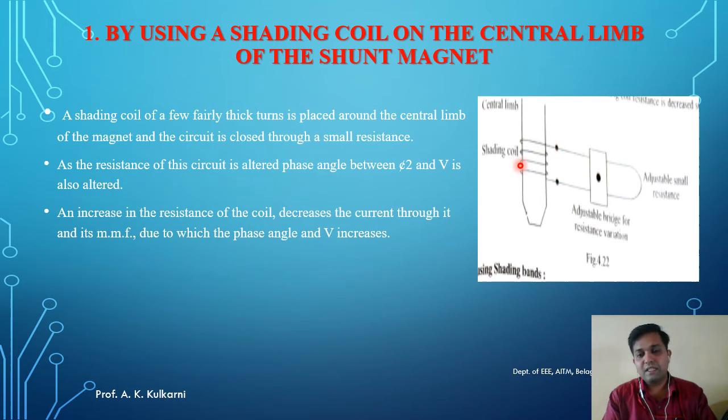With the increase in the resistance of the shading coil, the current flowing through this coil will decrease, and also the mmf created by it decreases, which increases the voltage value. In this way we can decrease the error which occurs in the dynamometer type of wattmeter. Now let us see another lag adjustment device, that is the shading band.